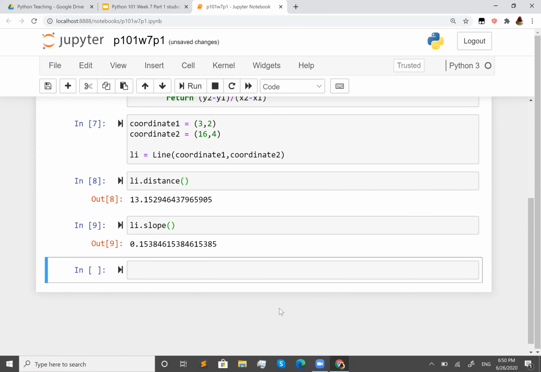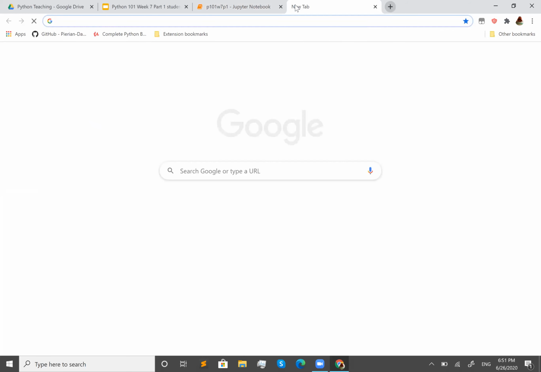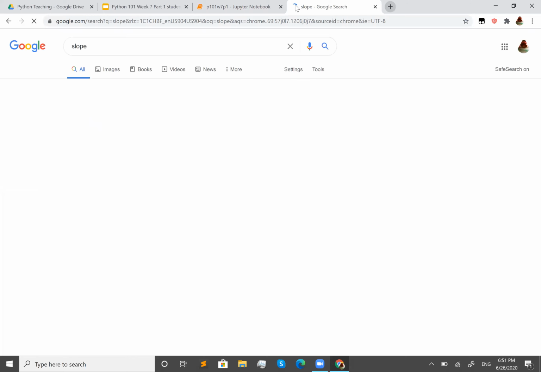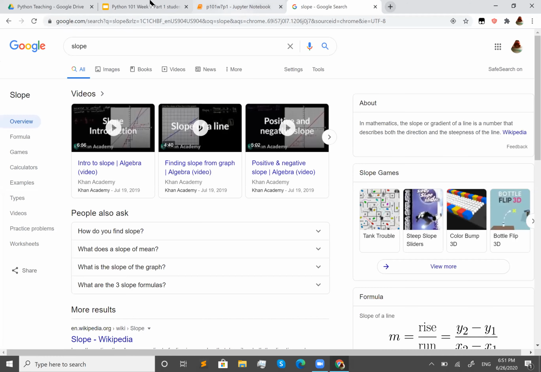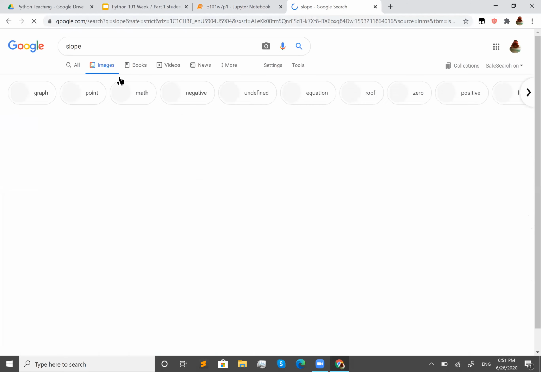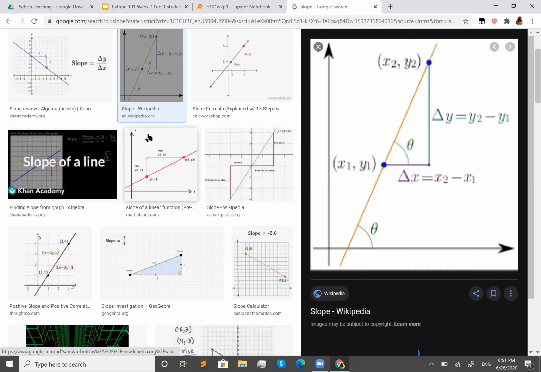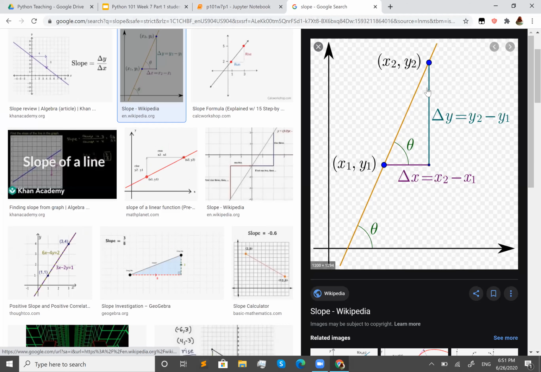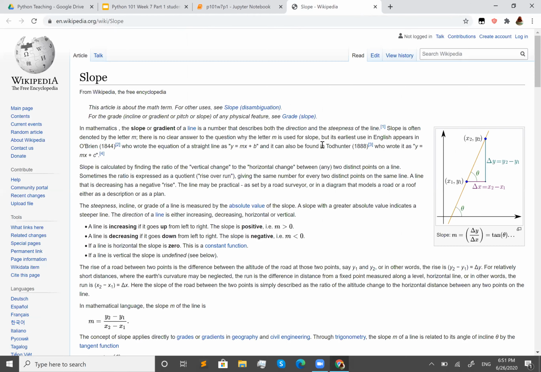So, first of all, let's do some math lesson. It's really hard for me to define slope, but one thing you need to know is slope and distance have no degrees.